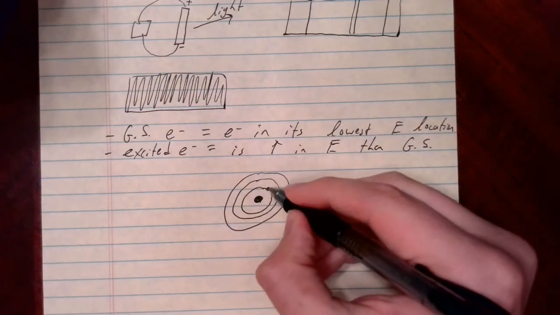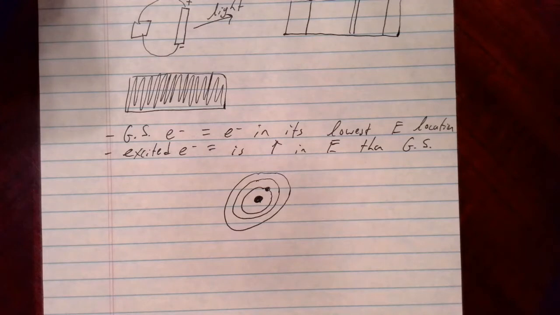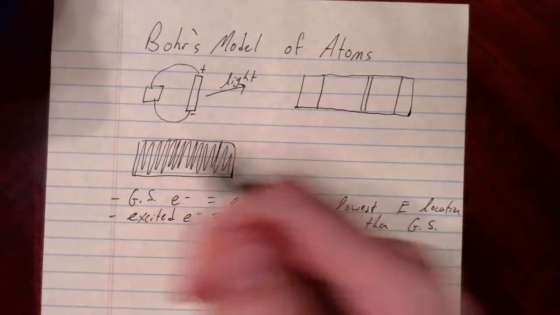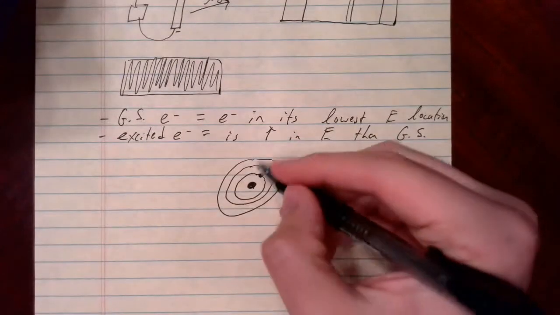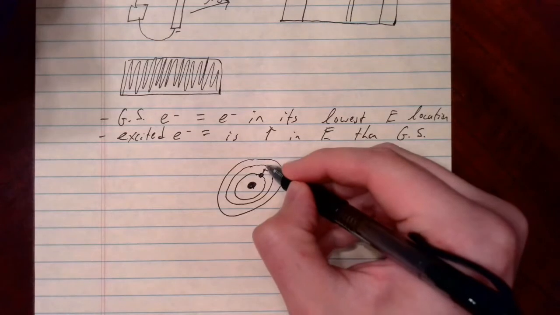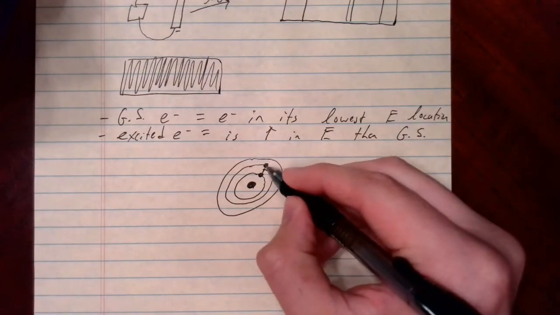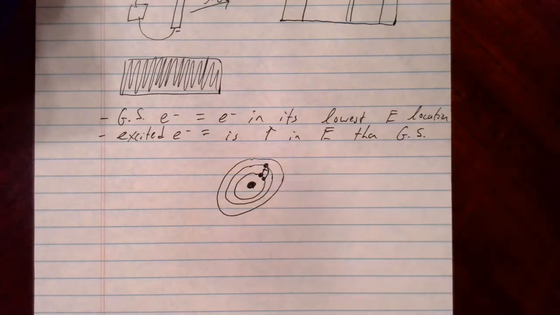If you have an electron in its ground state, in a low energy state, and it absorbs energy somehow, so in this case it absorbed energy from the electricity, and it gets promoted to the higher energy state, when it falls back down, the energy has to be released.